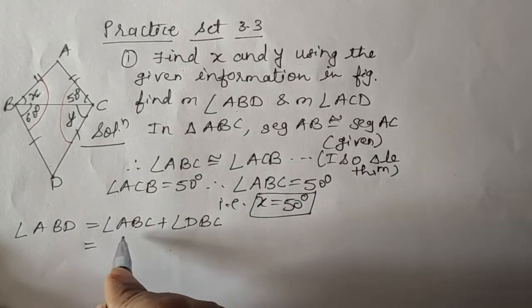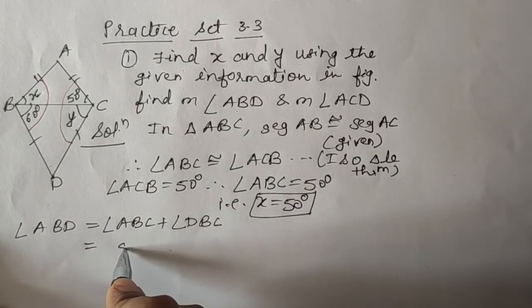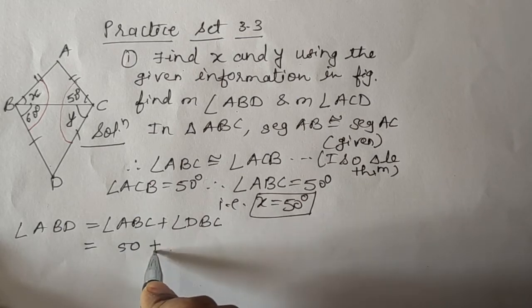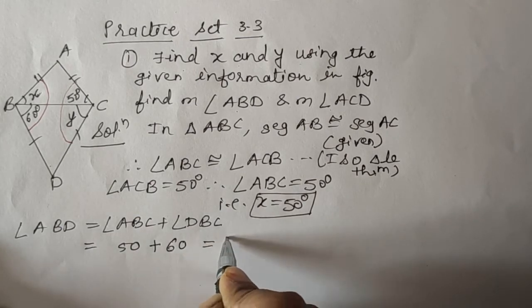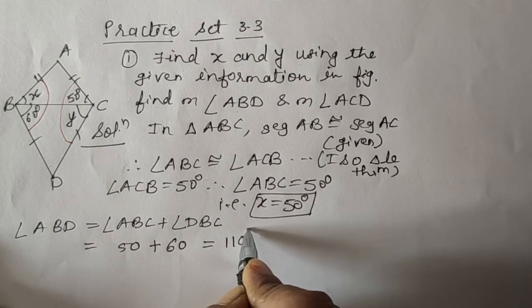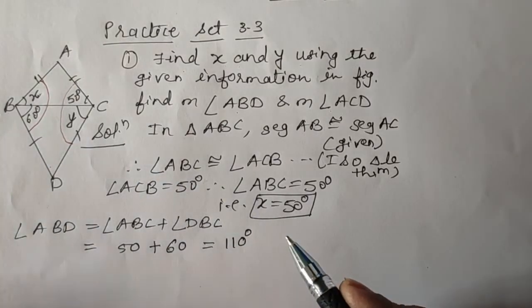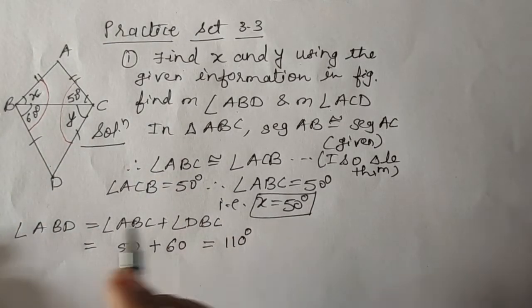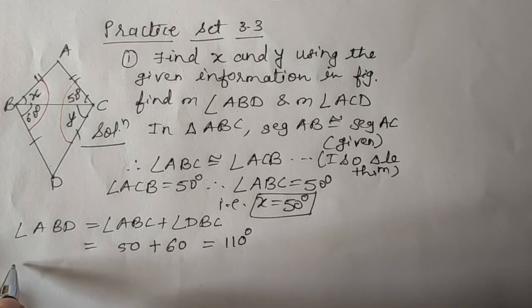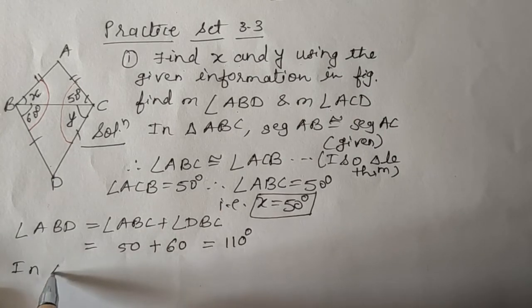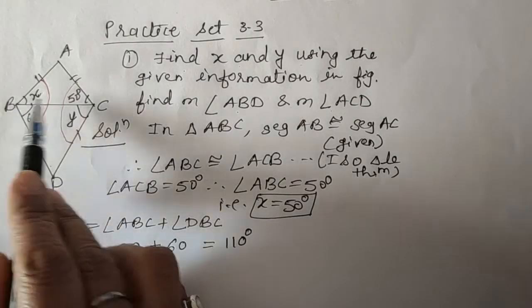ABC is 50 and this is 60, so it is equal to 110.